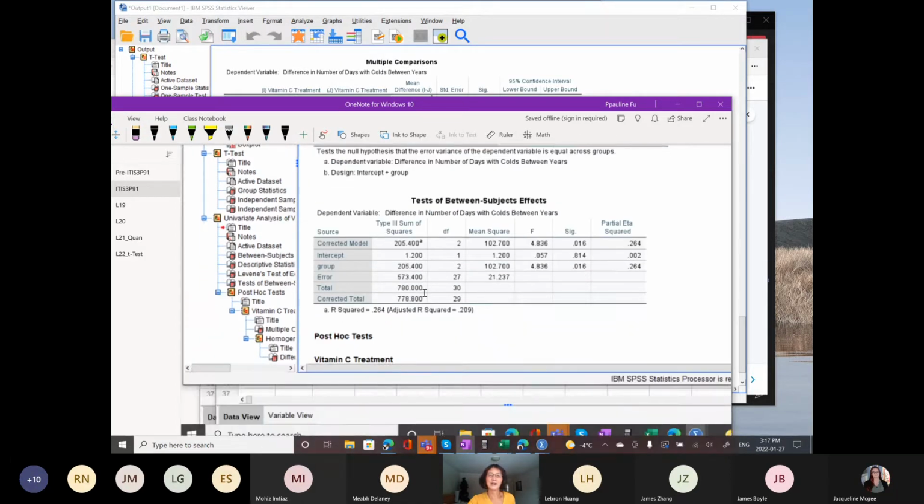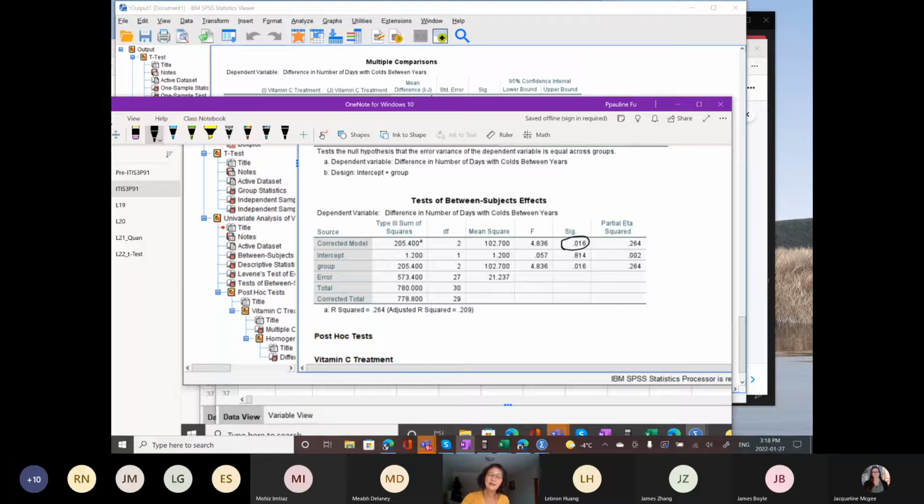And then we have this test of between-subjects effects. This is usually our ANOVA table. Okay. And from here, you have the test statistic for the model. It uses the F test, and also you have the p-value for the model.